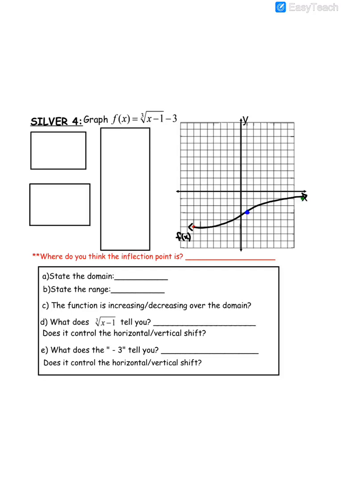So let's start with silver. So I'm going to clear out anything that's on my calculator. I'm going to hit the math button. I'm going to hit choice 4 for cube root. Underneath my radical, I'm going to plug in x minus 1. I'm going to right arrow out of that radical to type this in correctly, and I'm going to plug in minus 3.